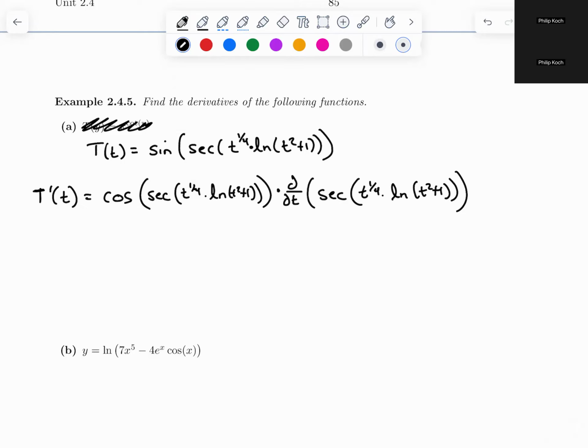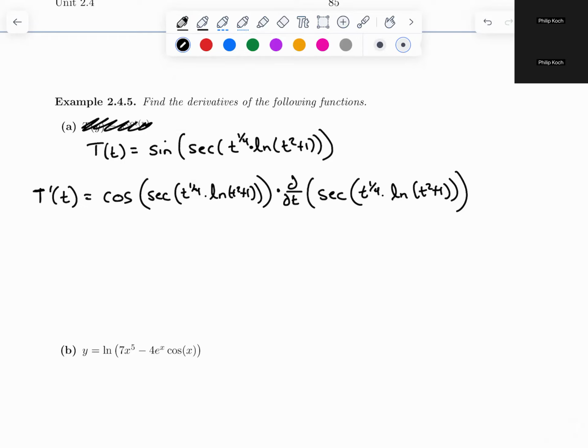So let's break it down and make sure we understand. The outermost function is sine. The derivative of the outside function would be cosine evaluated at the inside function, the inside being secant of t to the 1/4 times ln of t squared plus 1, times the derivative of that inside function. And now we have another chain rule: secant on the outside and t to the 1/4 times natural log of t squared plus 1 on the inside.